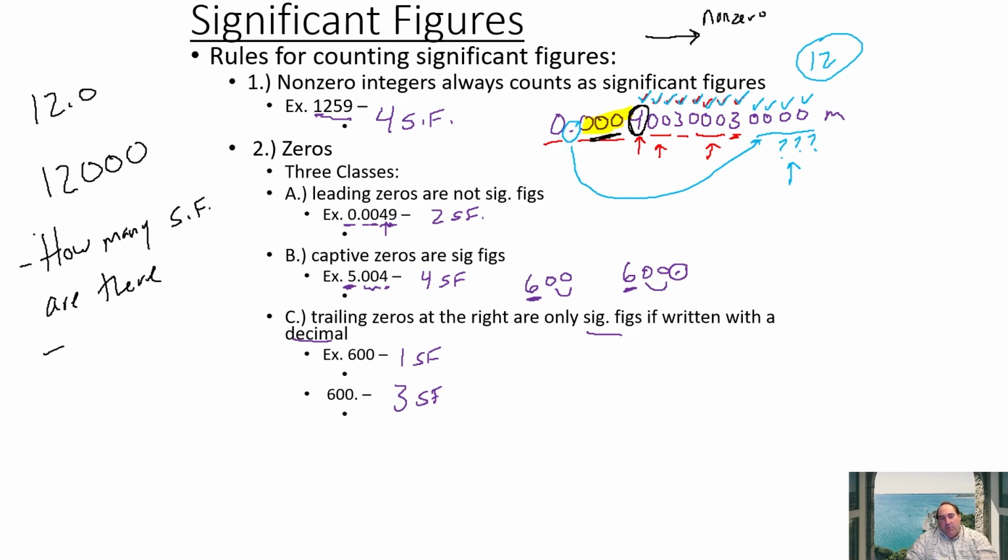And which one is the estimated digit, or the uncertain digit? So take a moment for each of those numbers that I wrote there, 12.0 and 12,000. How many significant figures does each of those have, and which one is the estimated digit in each of them? Take a moment and decide that.